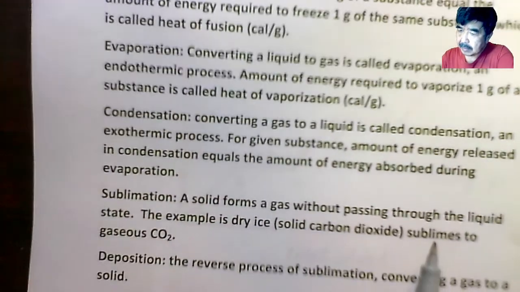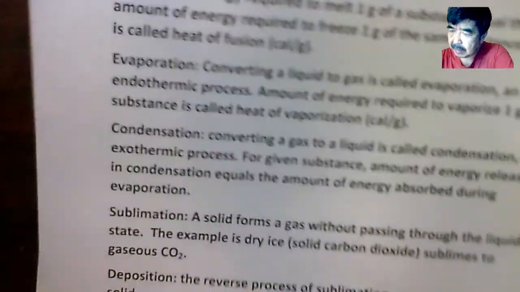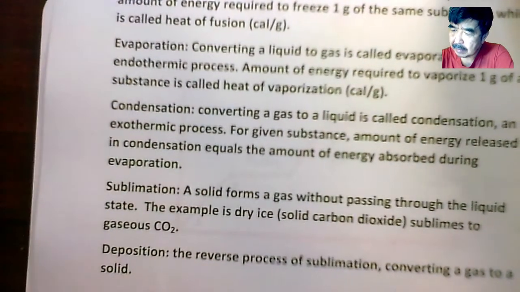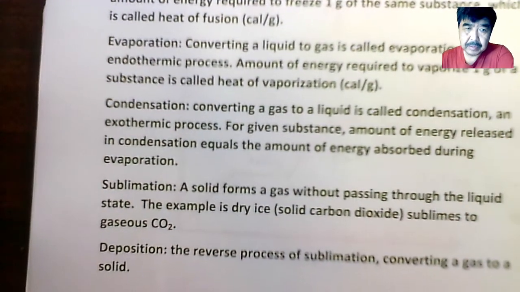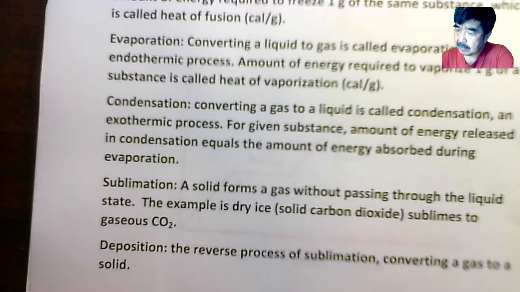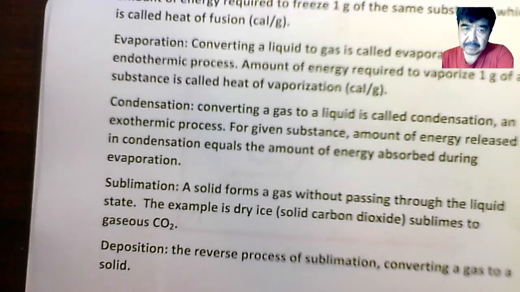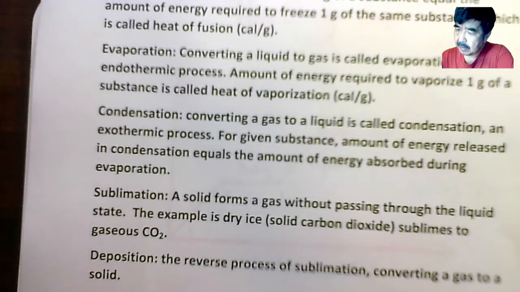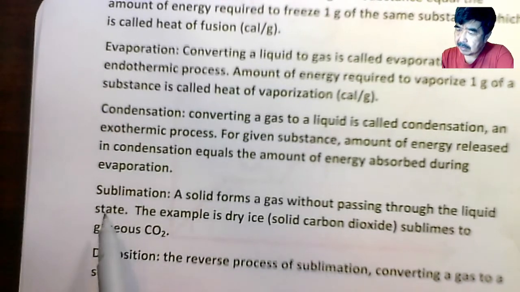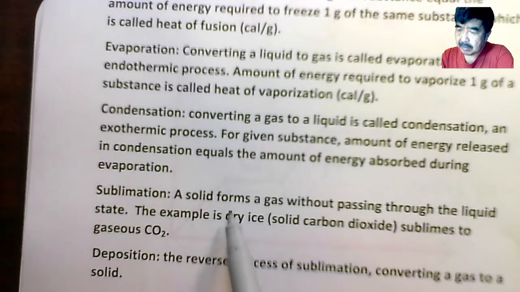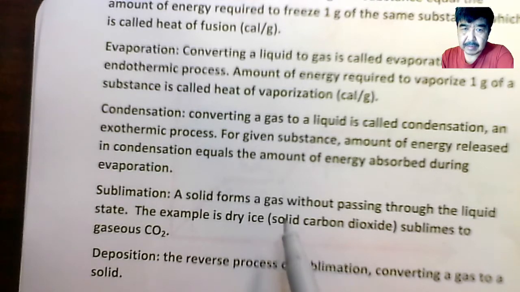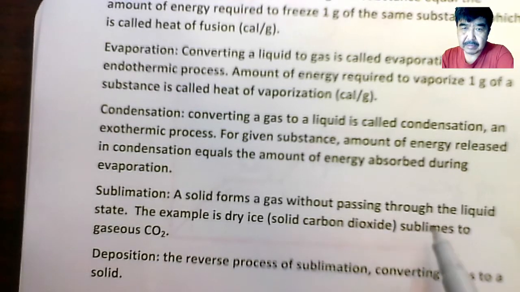Next, let's take a look at the conversion directly between the solid phase and the gas phase. The first one is called sublimation. Sublimation is a process where a solid forms a gas without passing through the liquid phase.